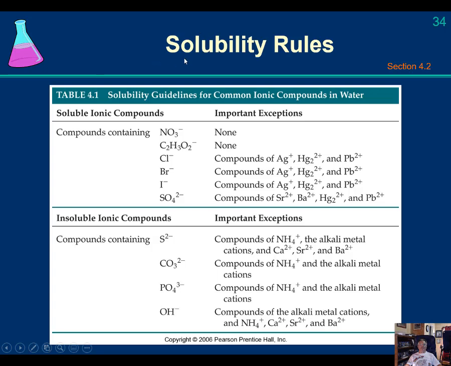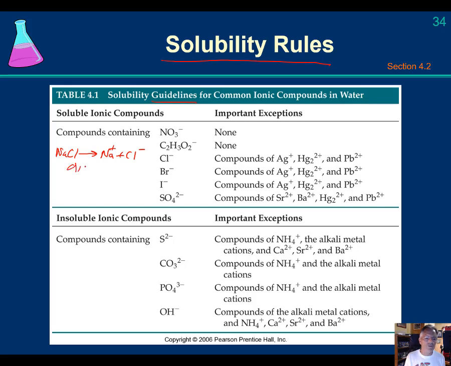In order to recognize precipitates, you need to know your solubility rules or solubility guidelines for ionic compounds. Here we go. So what do we mean by soluble ionic compounds? If I have an ionic compound like sodium chloride and it dissociates completely, what we mean is that it is a soluble ionic compound.